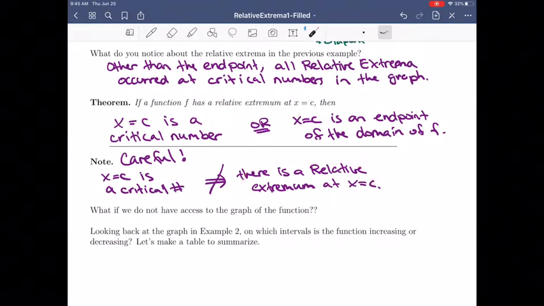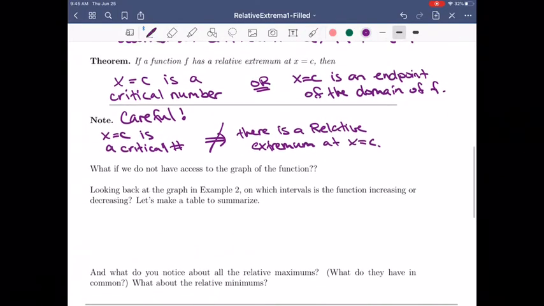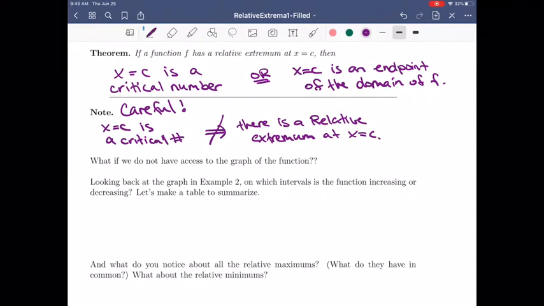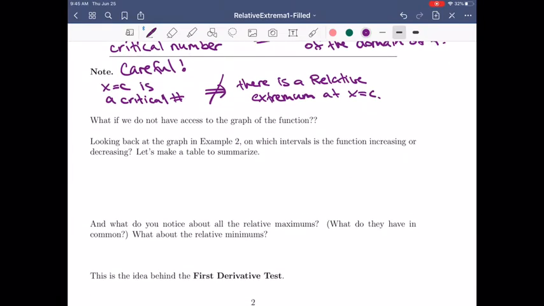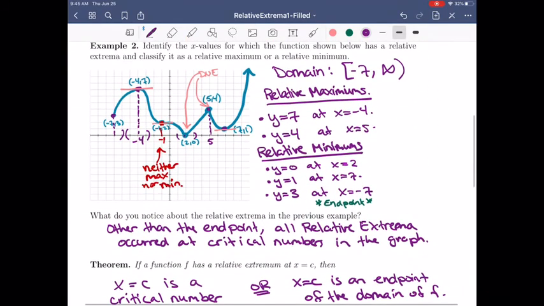Now what we want to think is, how do we find these if we don't have the graph of the function? Let's think about the increasing and decreasing nature. If we were to do our table that we've done in past videos for increasing and decreasing, we would split our domain at each of these critical numbers.